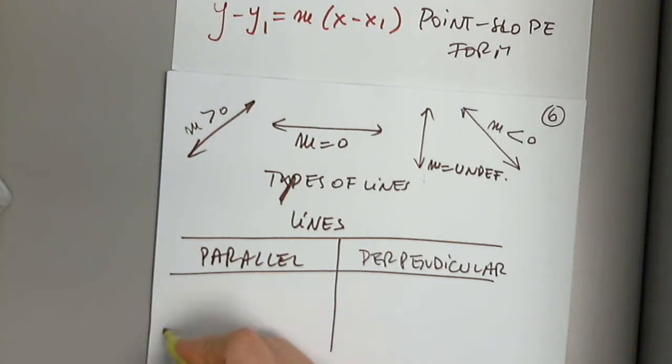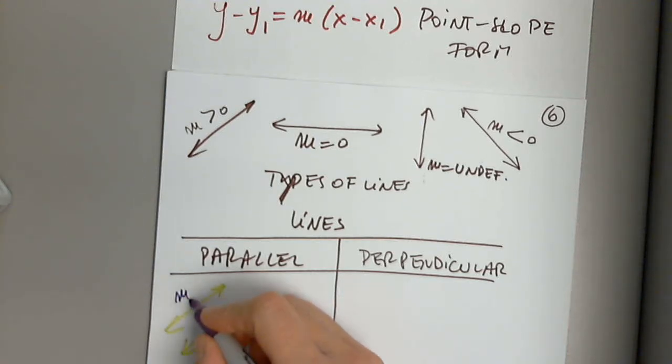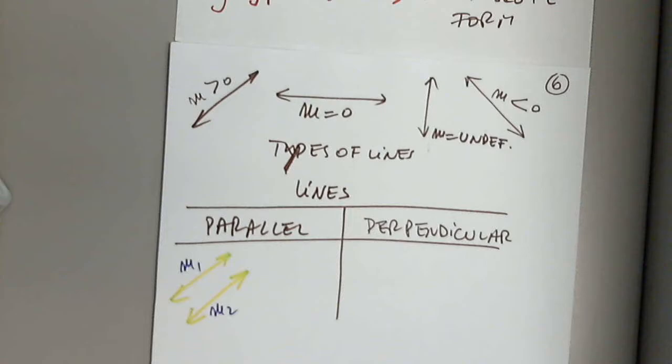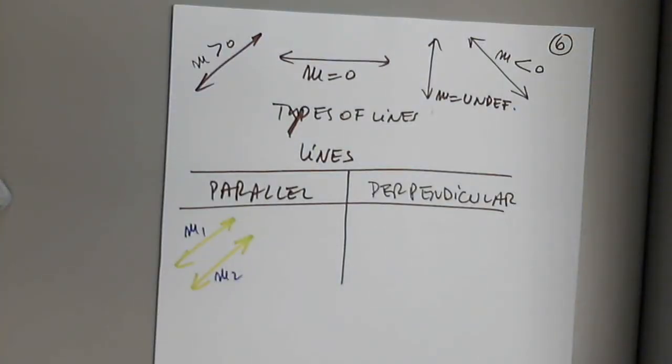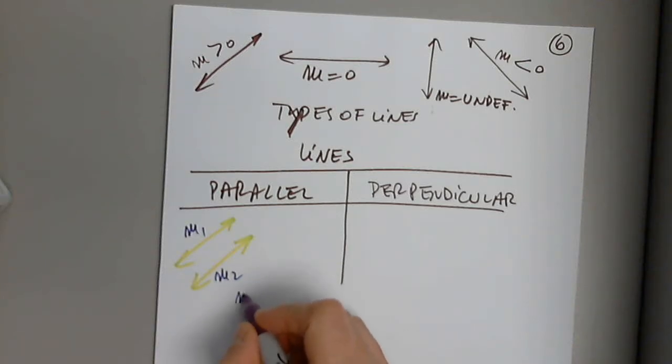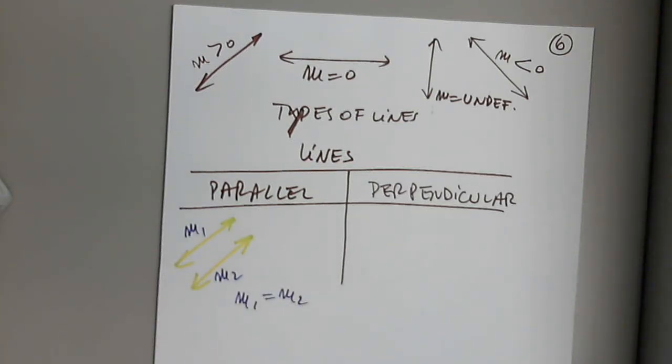So if 2 lines are parallel, let's say the first line has slope m1 and the second one has slope m2. What has to happen? Very good. If 2 lines are parallel, they must have the same slope.